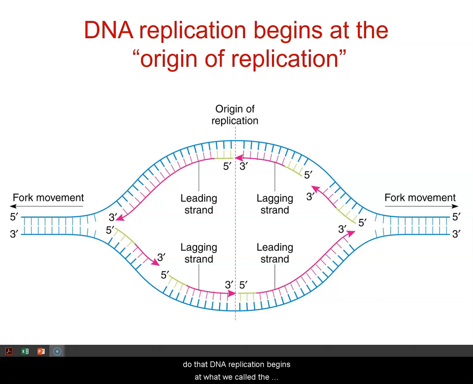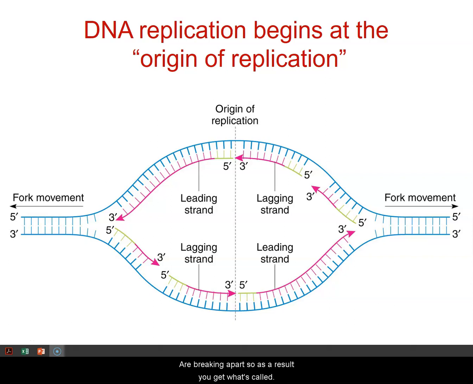Okay, so it makes sense to start at the beginning. DNA replication begins at what we call the origin of replication. You can see that here, represented by the phrase origin of replication. And as the replication begins, it creates this bubble. Because remember, what's happening here is that the hydrogen bonds between the nitrogen bases are breaking apart.